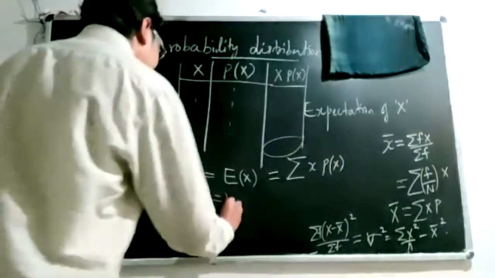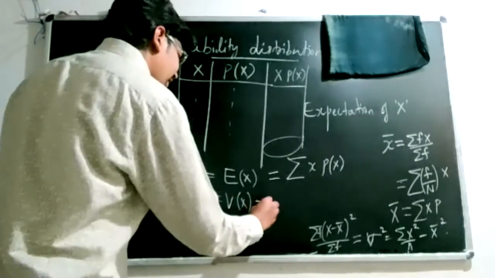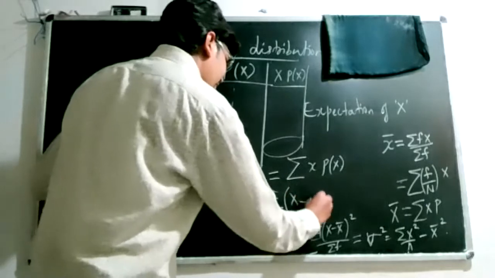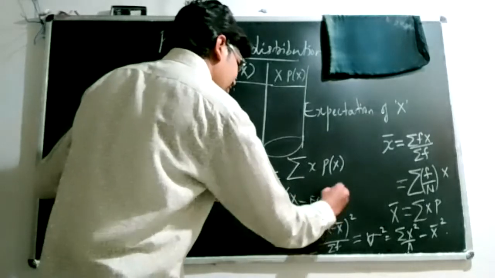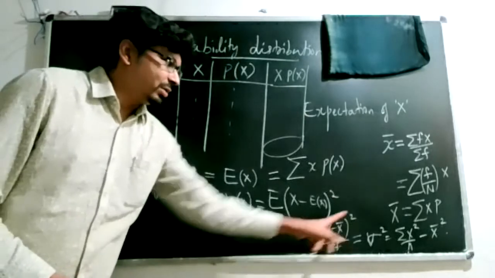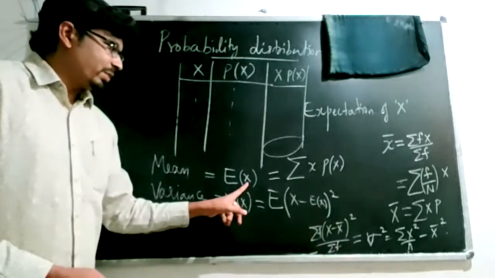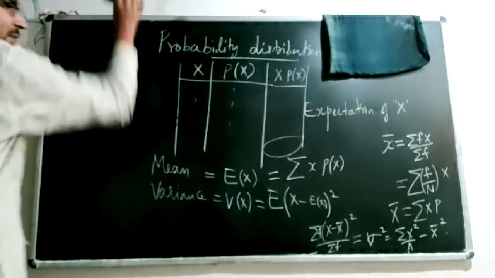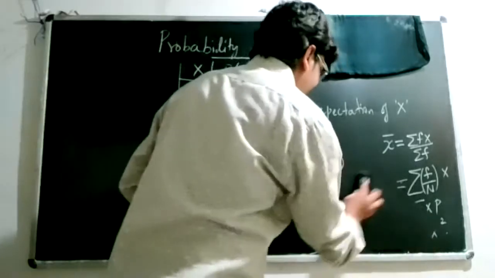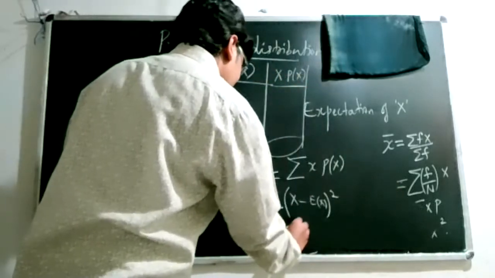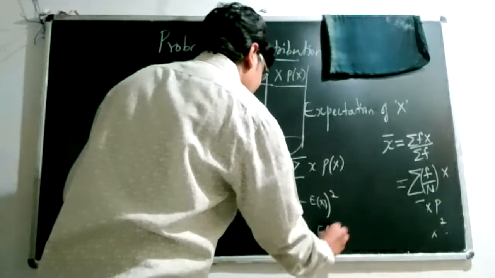So I can define variance of x, indicated by V of x, as expectation of x minus expectation of x whole square, similar to x minus x bar whole square. Here x bar is indicated by E of x, so it is E of x minus E of x whole square, which could be further simplified into E of x square minus E of x whole square.